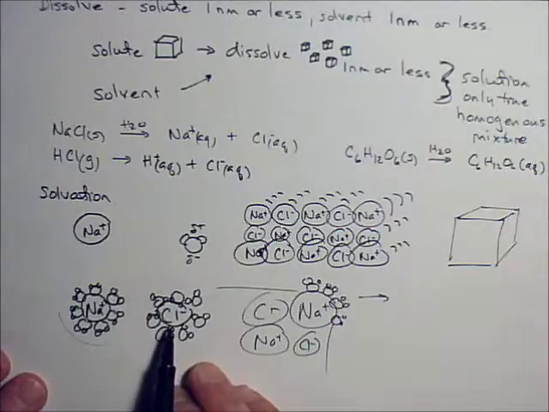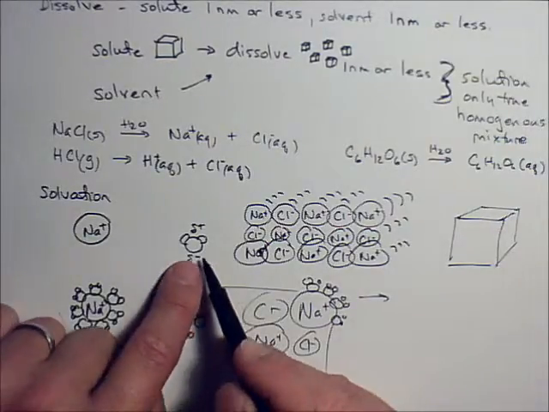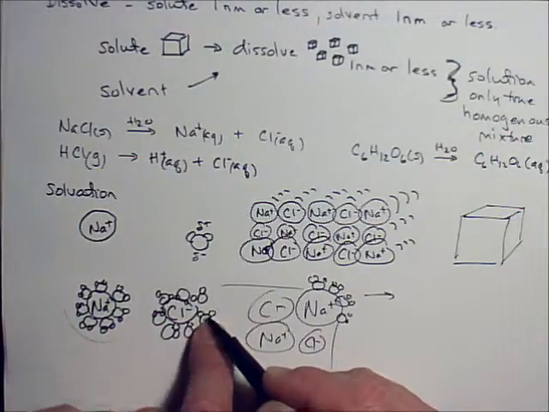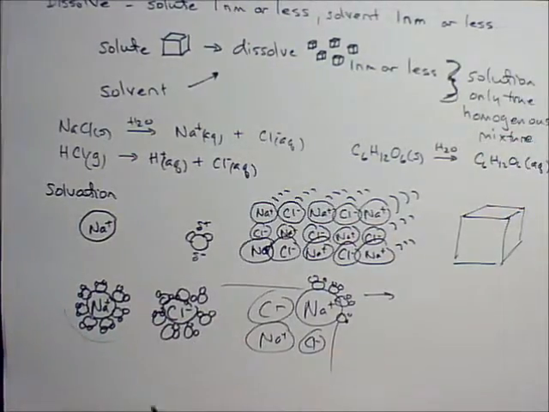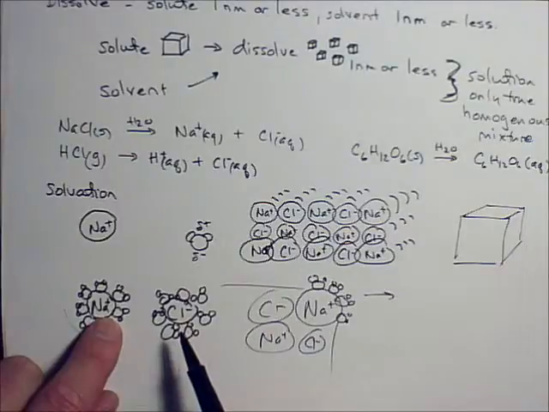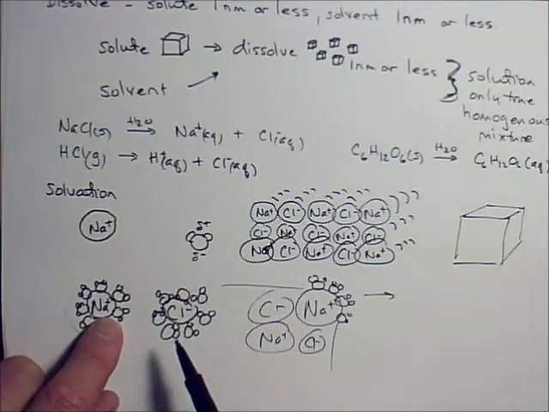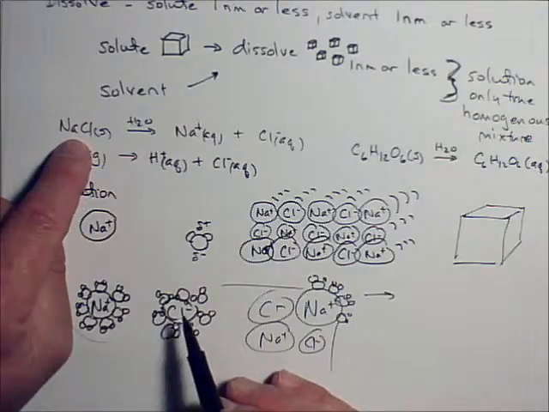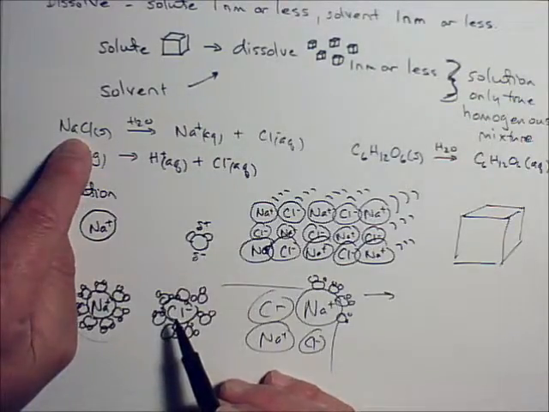Where does the Cl come in? Well, the other end of the water molecule, the positive end, is attracted to the chlorine ion. See, I've got them turned so the hydrogen sort of stuck up against there. The reason I chose NaCl is because I started with that formula up here. It could be anything.